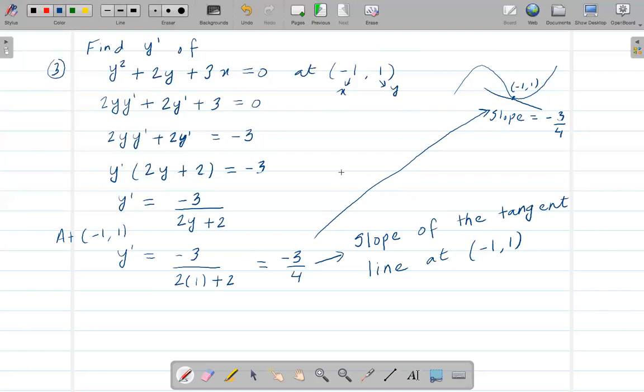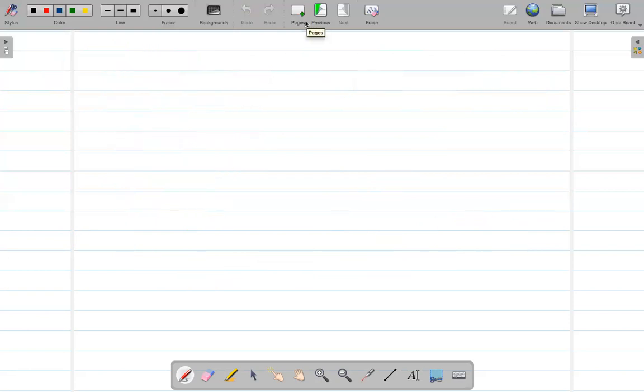All right. Again, we need to find y prime of the equation we have here: x squared times y minus 3x squared minus 4 is equal to 0, at 2, 4.